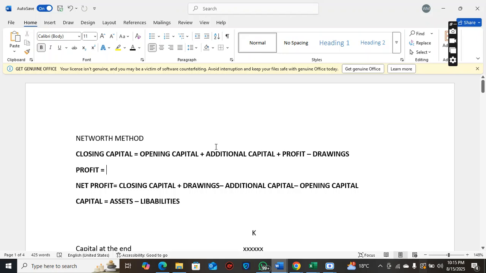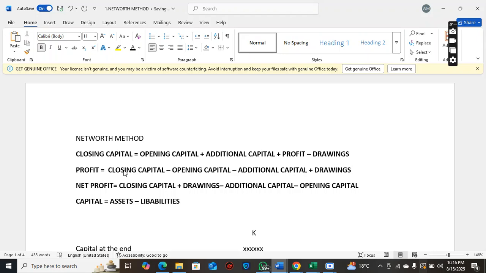Or if we take all these over the equal sign, it becomes closing capital minus opening capital minus additional capital plus drawings.